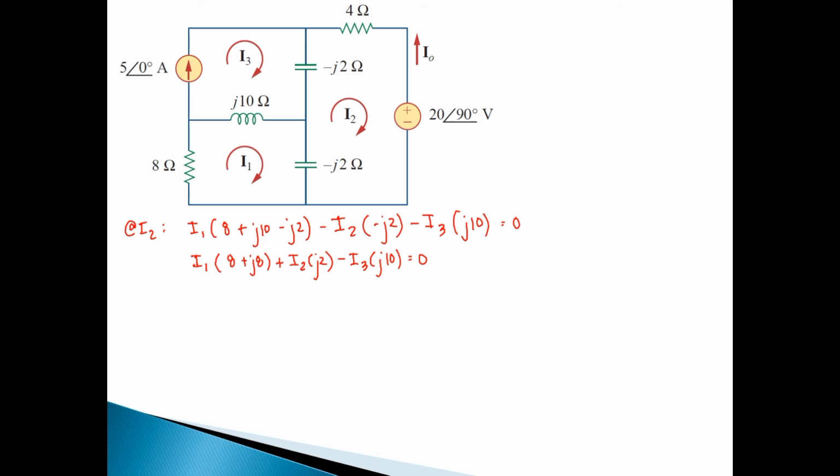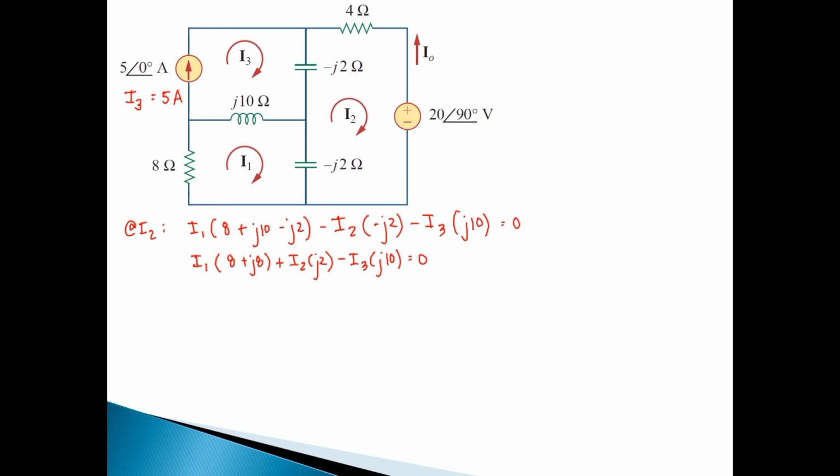But as you can see at I3, we have the current source of 5 amperes, and as a rule, if there's a current source in the same loop as the mesh current, automatically the mesh current will be equal to the value of the current source. So I3, in the same direction as the current source, will be equal to 5 amperes.